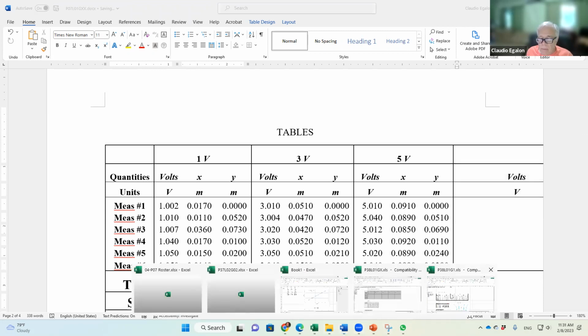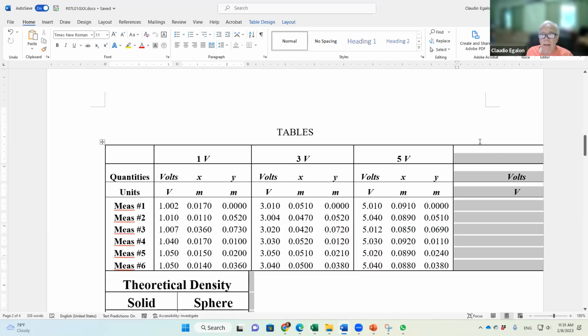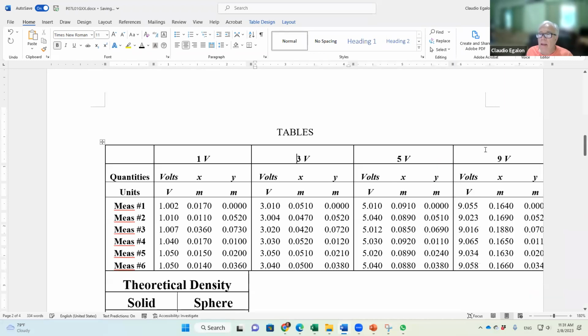There are two more columns here that didn't show up, and for some reason it's not deleting them. I don't know why. Delete columns. Okay, now I did it.